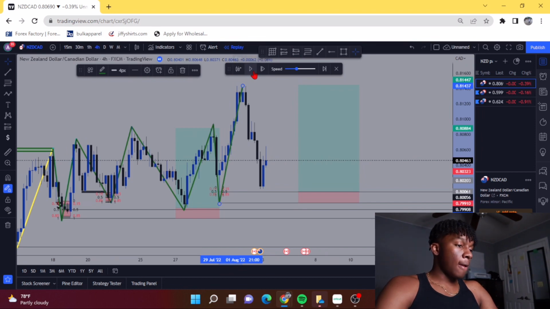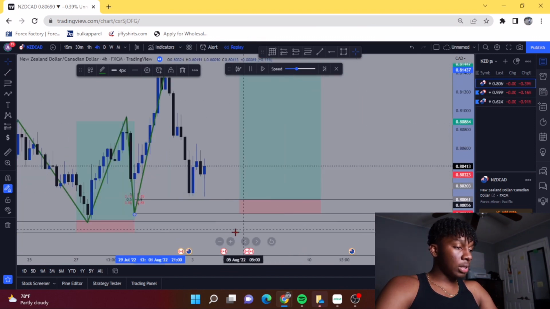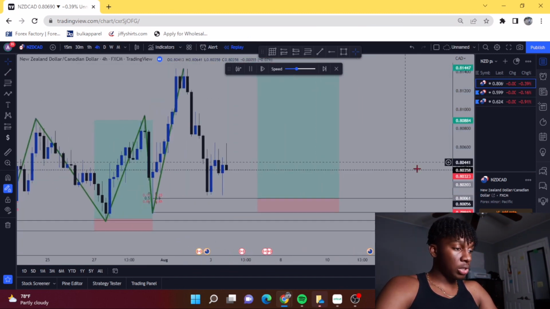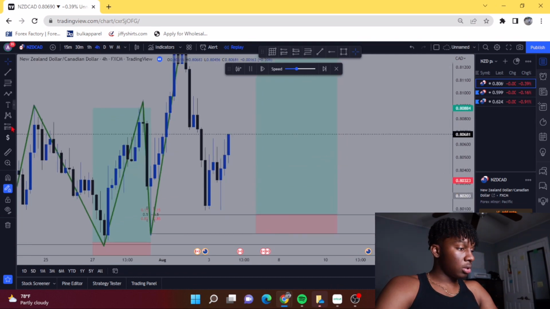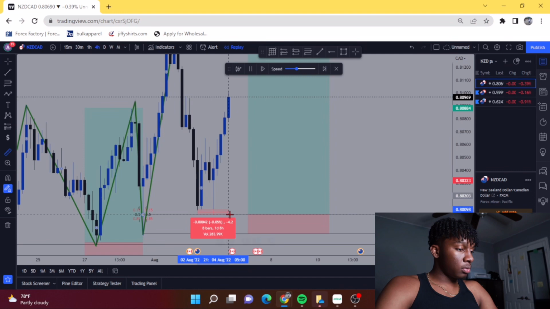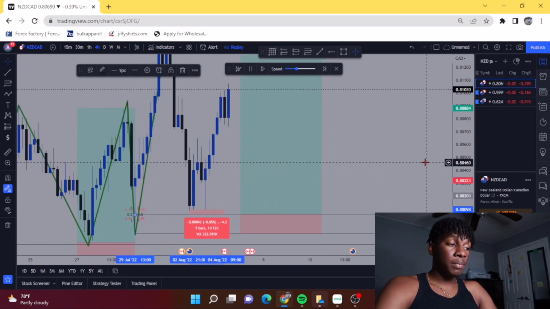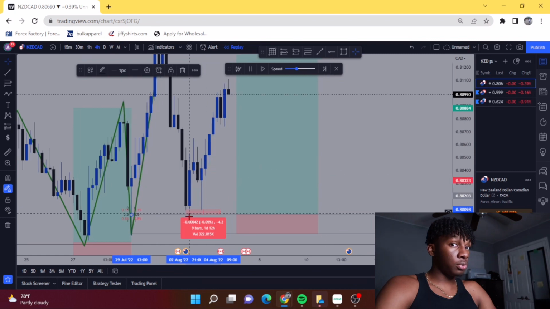But anyways, yeah, so boom, right, market came down. How many pips is this, y'all? Look how much the market is literally dwelling with my entry. Four pips. 4 pips, y'all. Missed my entry by 4 pips 3 times.